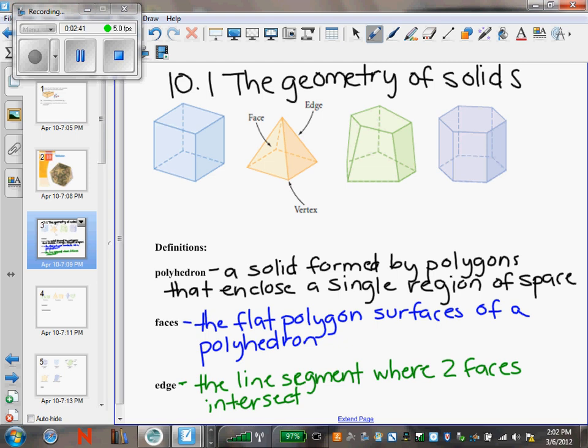So an edge of this cube, one example would be there. So any line segment where the two faces intersect will be referred to as an edge.